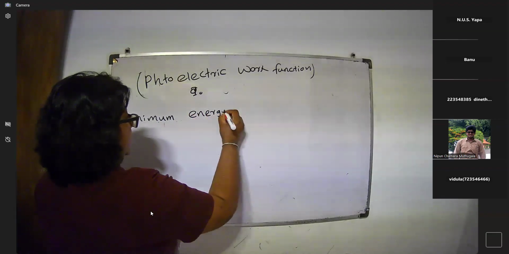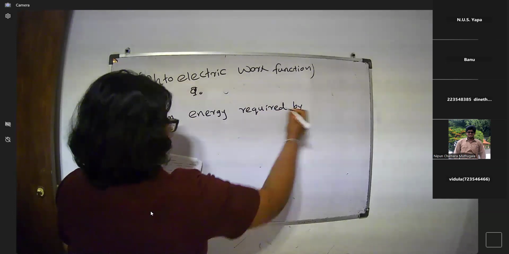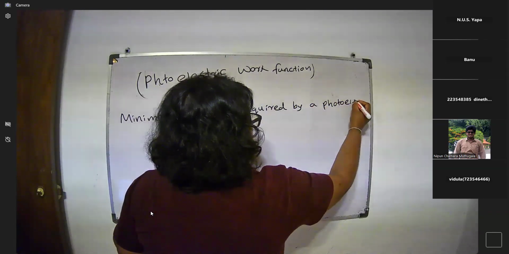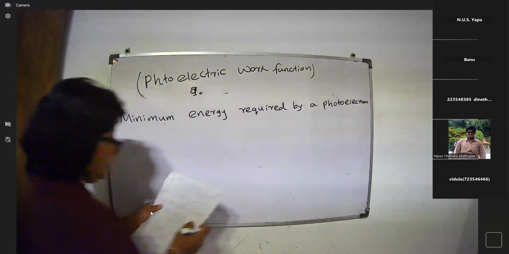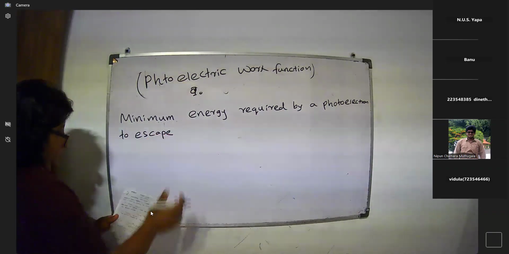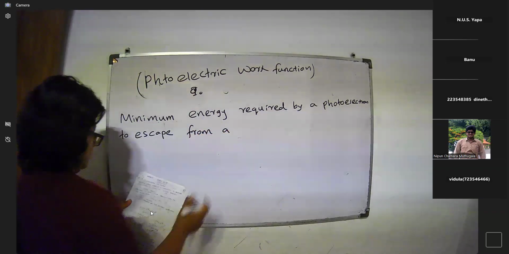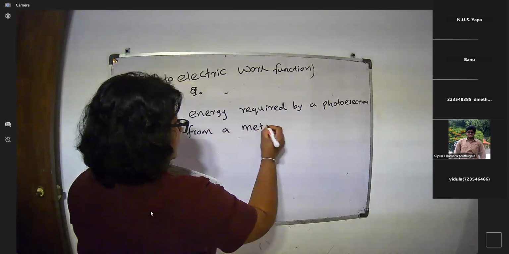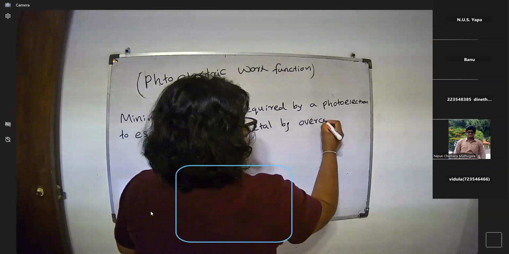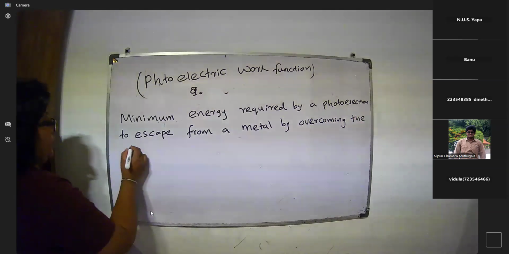required by a photoelectron to escape from a metal by overcoming the Coulomb potential.